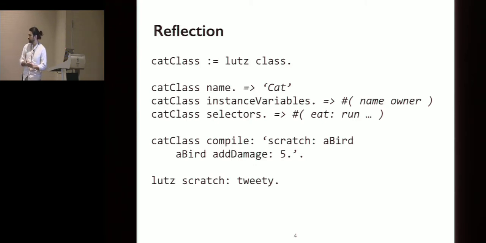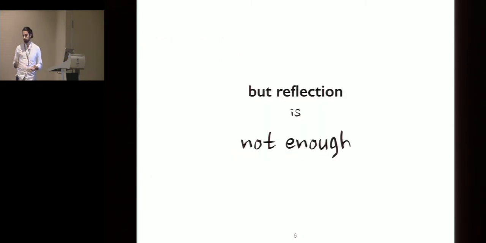So we can think about a dynamic software update system that uses reflection like this to deploy new changes to a system. But the thing is that reflection is not enough. Let's see why.